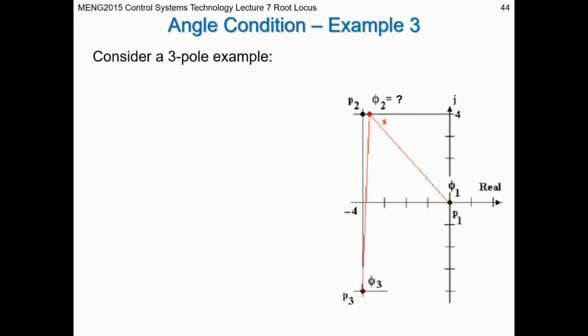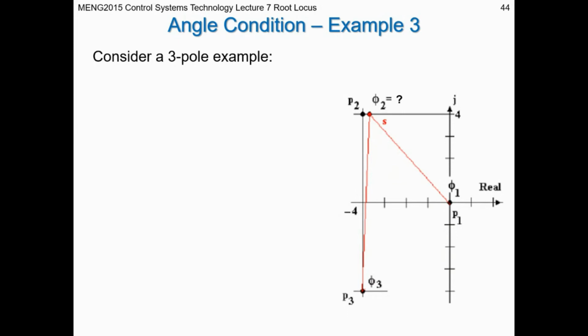All right, so moving on to a 3-pole example now. We have 3 poles and no zeros, so we're going to have 3 loci that go to infinity along asymptotes, and those asymptotes are going to be evenly distributed.